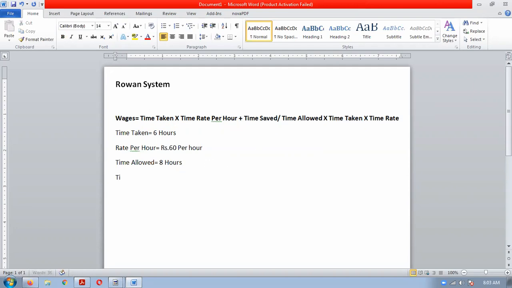Time saved is equal to time allowed minus time taken. What is the time allowed? 8 hours minus time taken 6 hours.